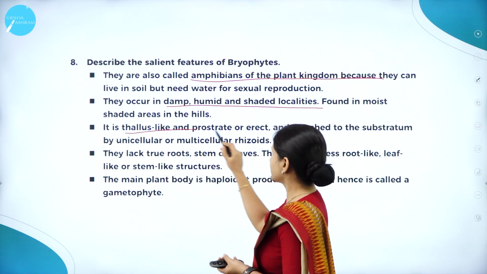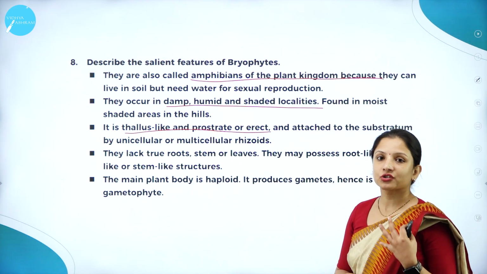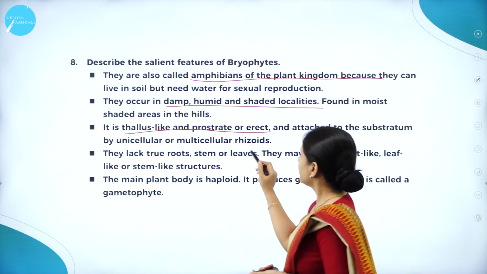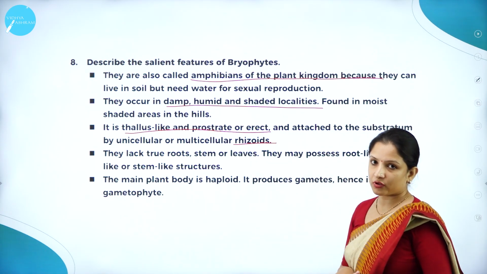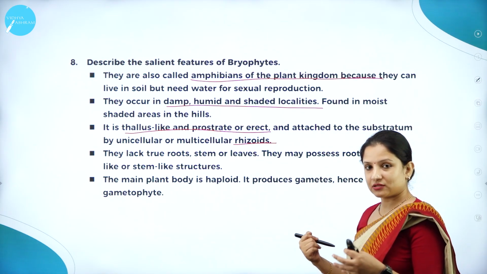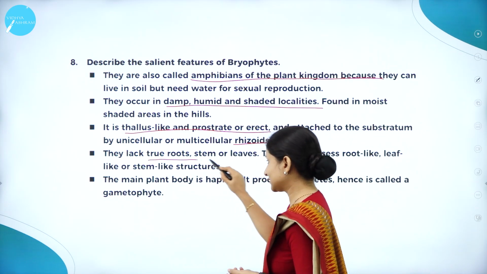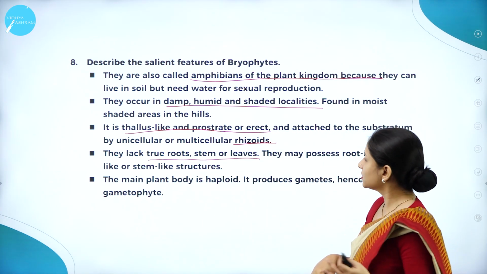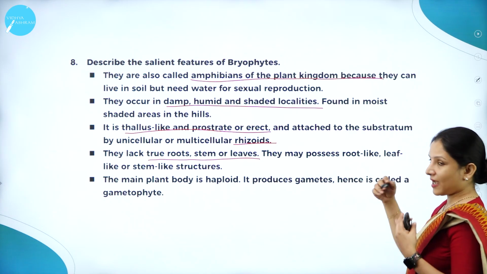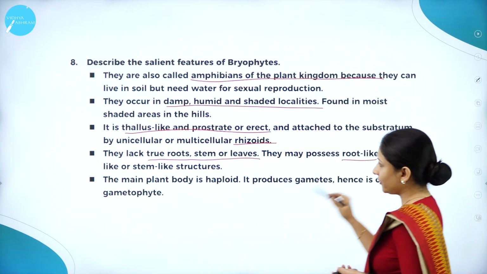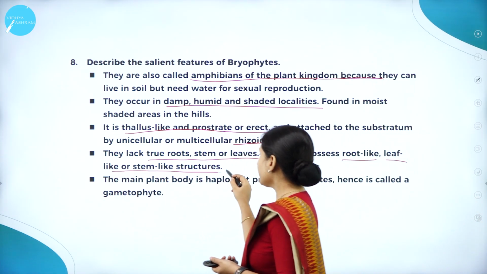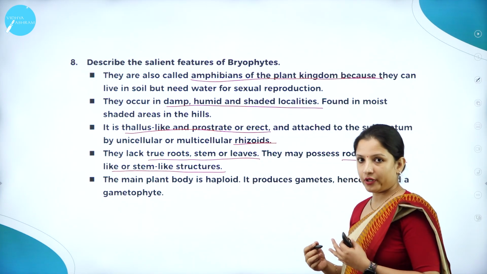And the plant body is thallus-like, it is prostrate or erect, and it is attached to the substratum through what? By rhizoids. That is very important. And one of the peculiar characteristics is they do not have true roots, stem or leaves, unlike the pteridophytes. Instead they have root-like, leaf-like or stem-like structures. And the main plant body is haploid. Why is the main plant body haploid? Because in pteridophytes the sporophytic generation is dominant. So that is why.